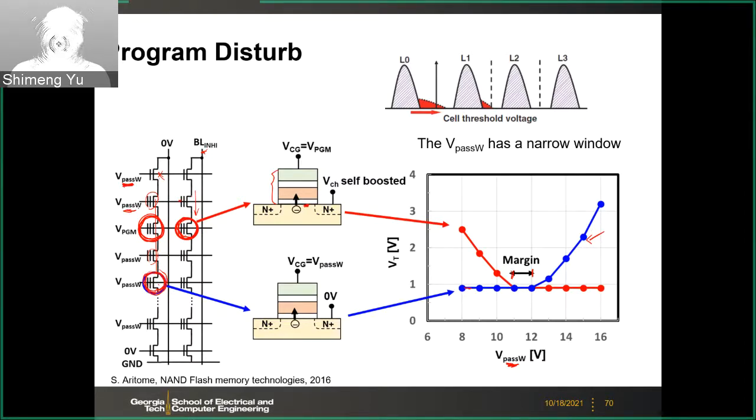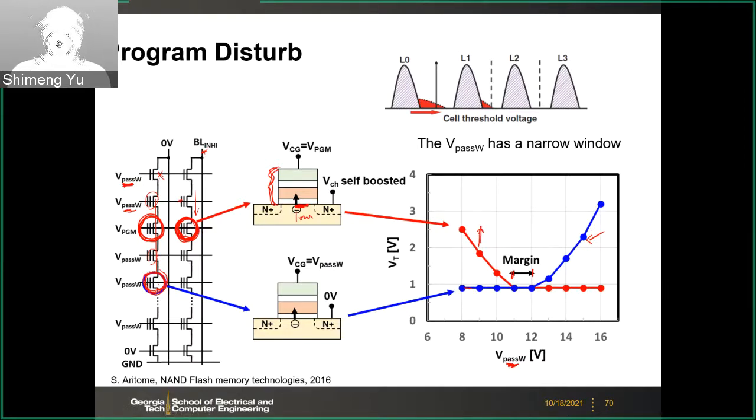Therefore, this transistor's channel potential here will be low. If the channel potential is low, then the voltage across this cell's gate stack will be high. Therefore, this red cell will shift VTH to higher values, as we show here if the V pass W is too small.